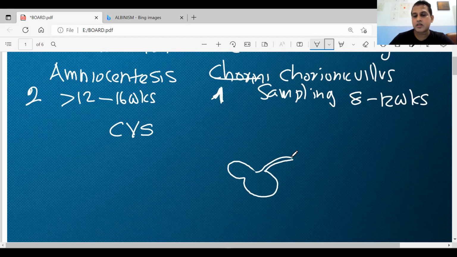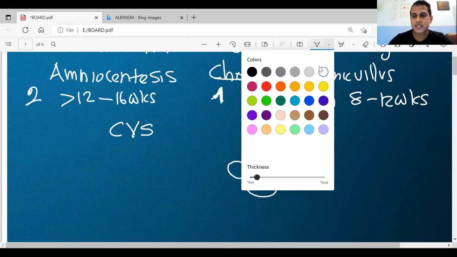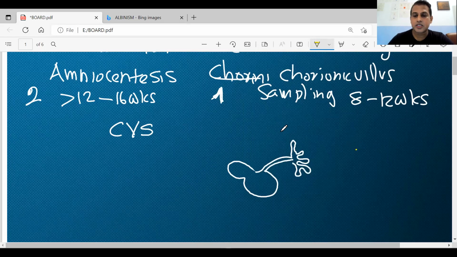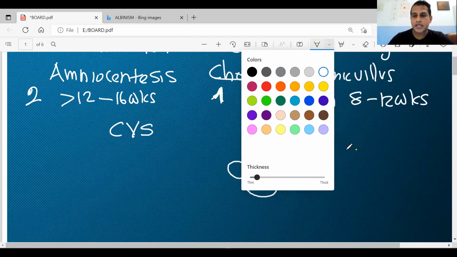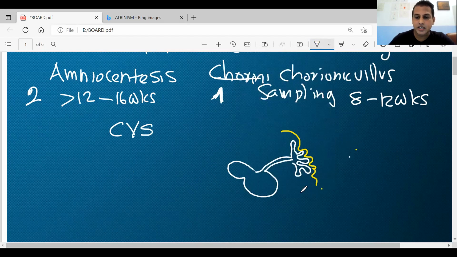This umbilical cord makes a connection with the mother's side, and that is called the placenta. This yellow line indicates the mother's tissue, and the white line indicates the fetus tissue. The place where we can see this white area is called the chorionic villus.